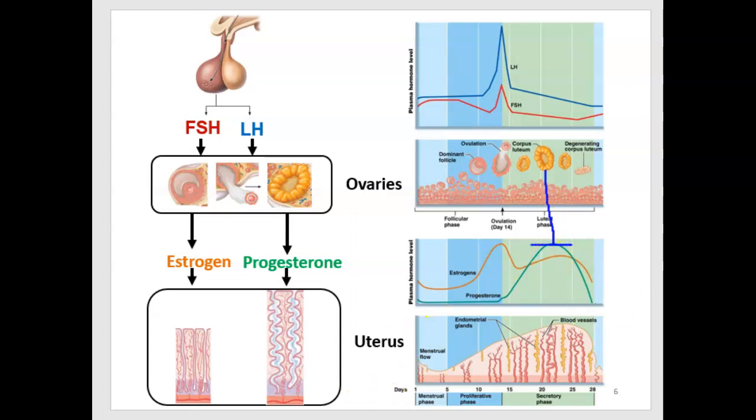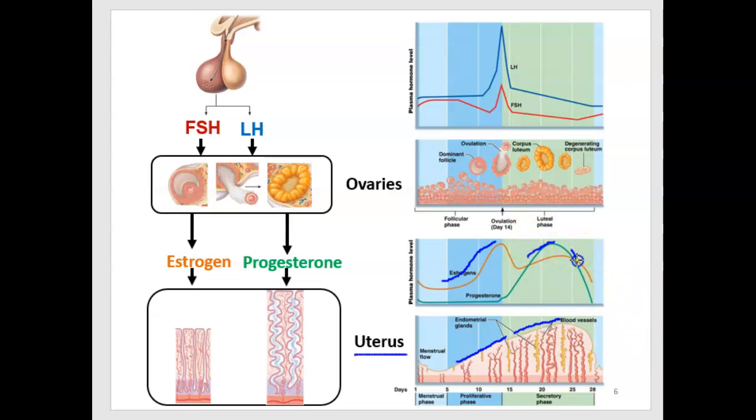Those ovarian hormone levels, estrogen and progesterone, and the changes in their levels influence the status of the uterus, the endometrium in particular. So when estrogen rises, we see a thickening in the lining of the uterus, the endometrium, and even more so when progesterone increases.